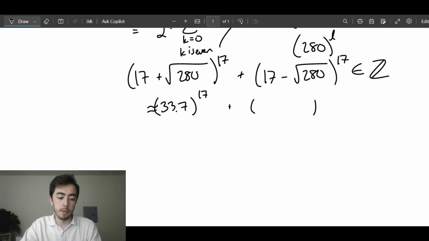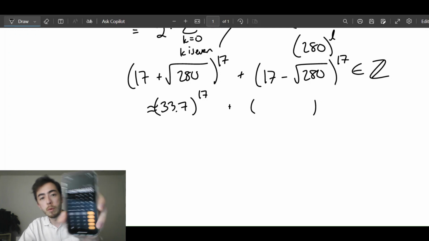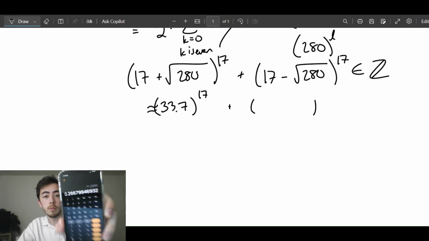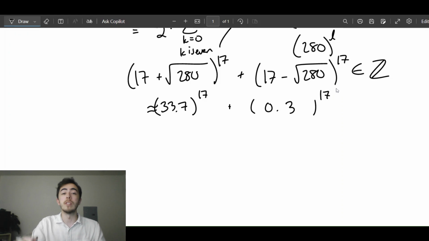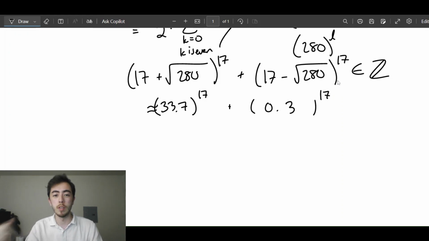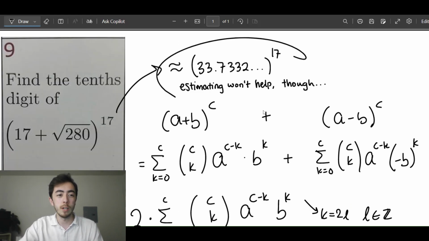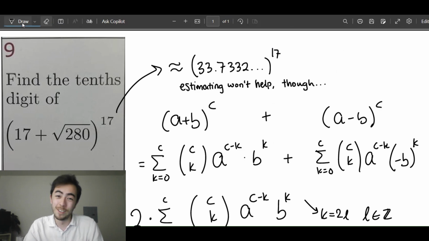I'm pulling out my calculator real quick because I forget the approximate value for the square root of 280. But when we do the difference, we're going to get some kind of decimal, which I'll just say 0.3, just to keep the same amount of decimal places. And it'll still prove my point. I know I'm rounding heavily, and in the previous video, I said something about how estimating won't help. But here, it's totally fine.